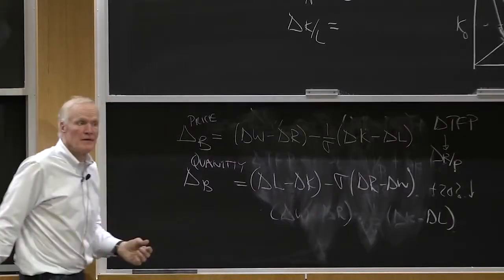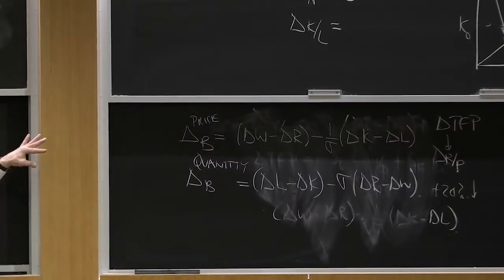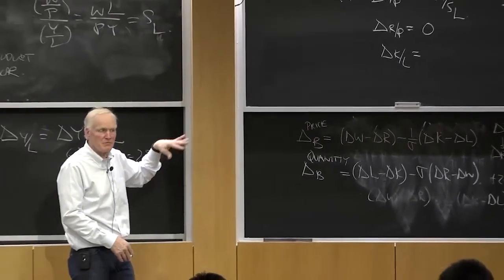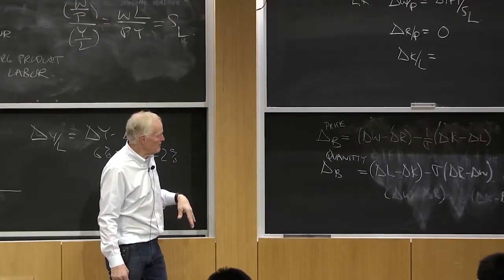So it's the same, either one. Those are two measures. They're just in different units because one's in the quantity world and one's in the price world. But they just differ by 1 over sigma, I think. Do I have it right?